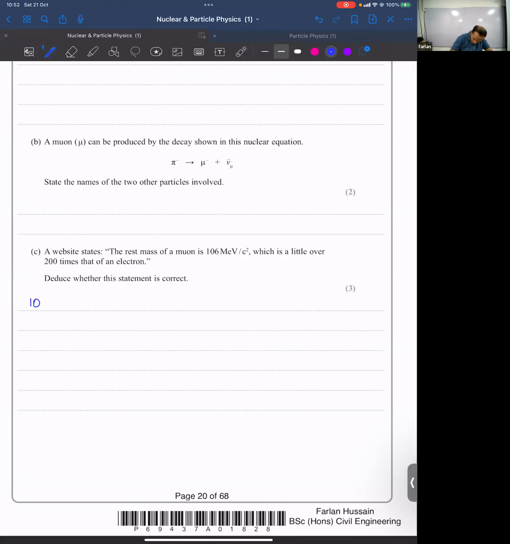106 mega electron volts over c square to kilograms. 106 mega electron volts to electron volts, you multiply by 10 to the power 6. Electron volts to joules, you multiply by 1.6 into 10 to the power minus 19. Divided by 3 into 10 to the power 8 square.